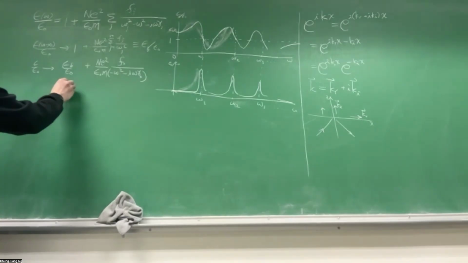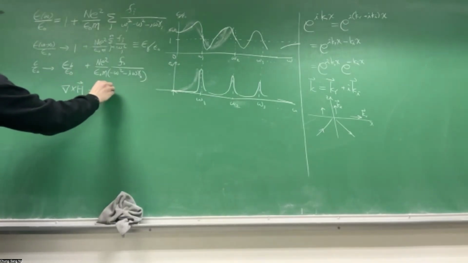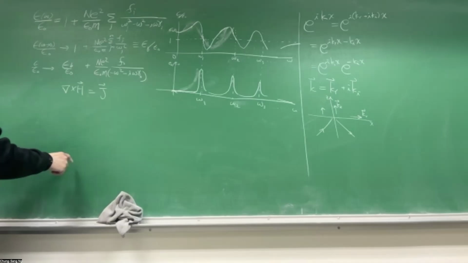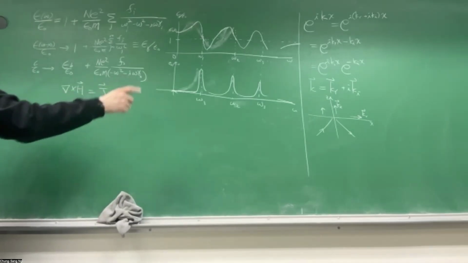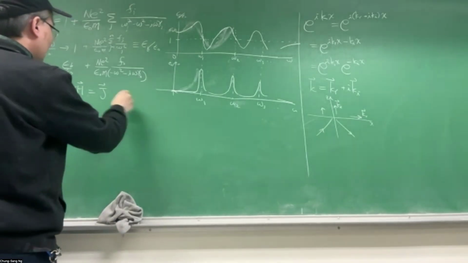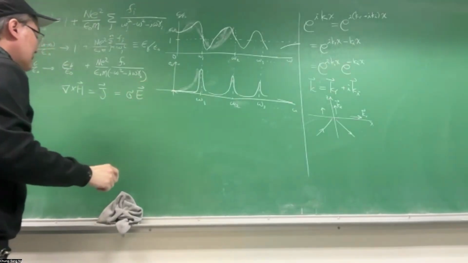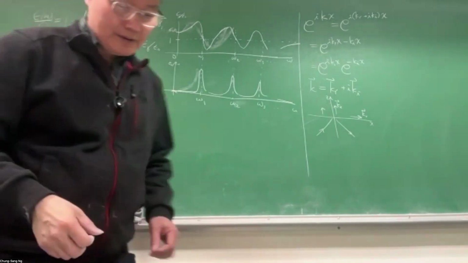In that case, it is just the free current density J, and you ignore the partial D partial t term. Right? That is given by sigma E. There's a conductivity.